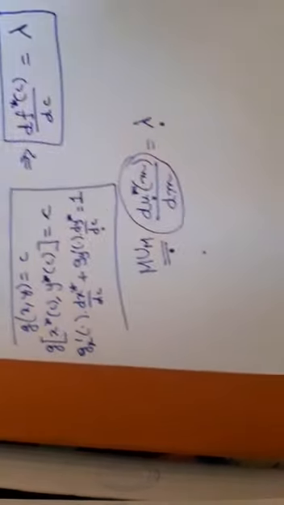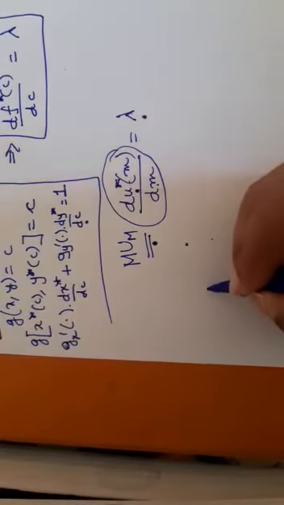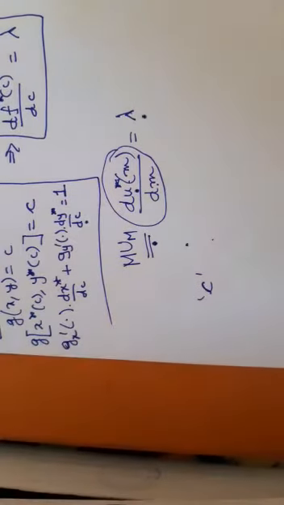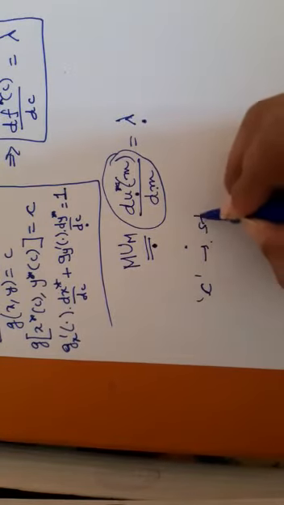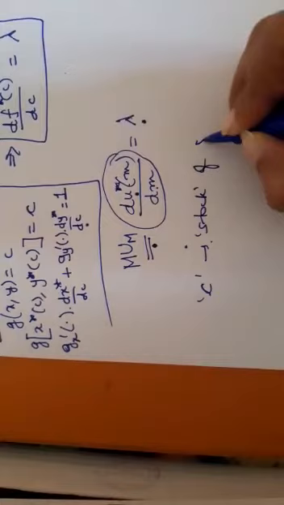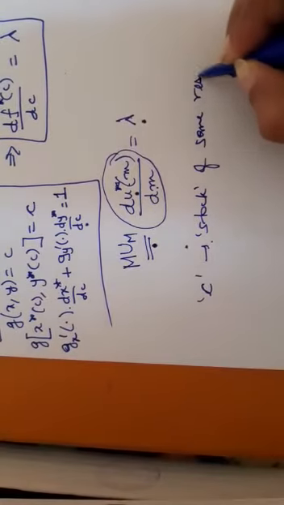In general, what we can do is think of this constraint constant c as representing the stock of some resource.